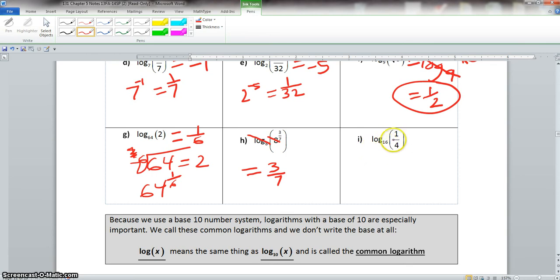Now, we come here to I. We have log base 16 of 1/4. So let's first change this 1/4 to an exponent. We know 1/4 would be 4 to the -1 power. Now, we could do this here.